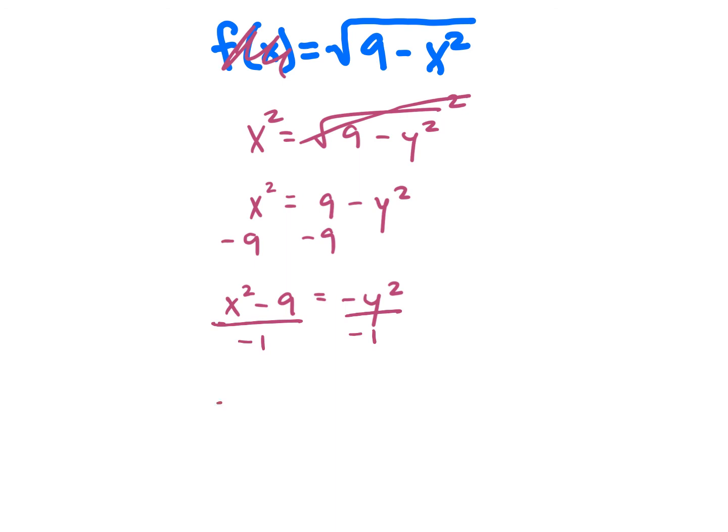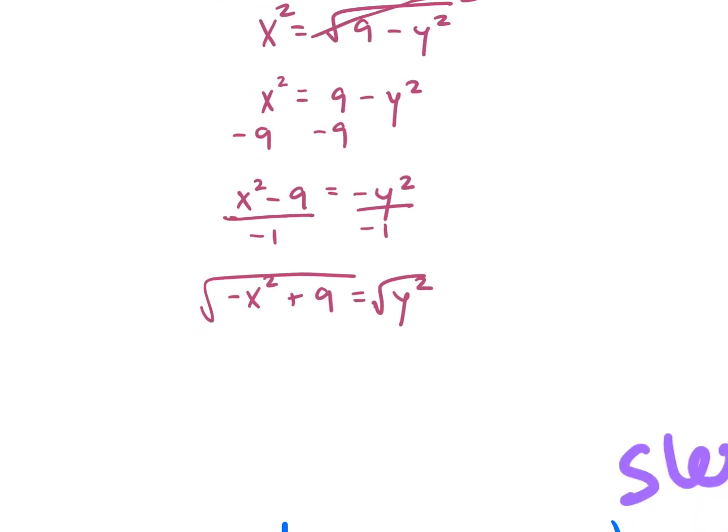So -x squared plus 9 is equal to y squared. Take the square root of both sides. So I get the square root of -x squared plus 9.